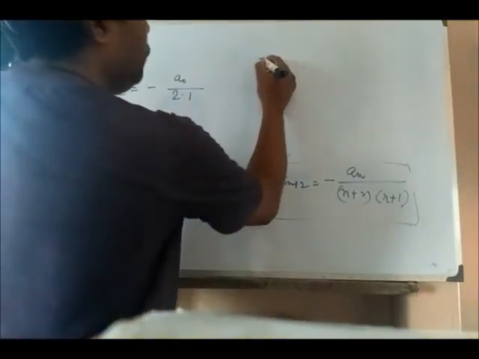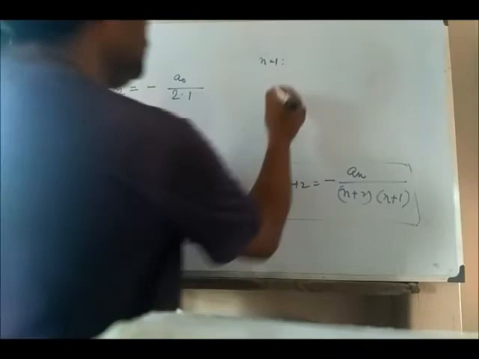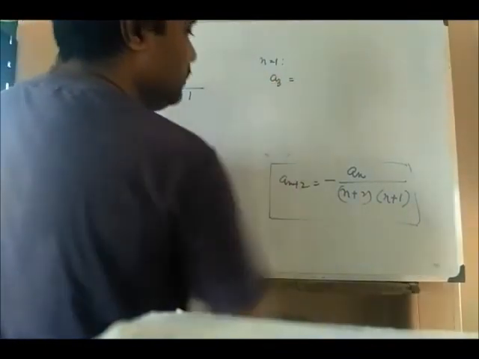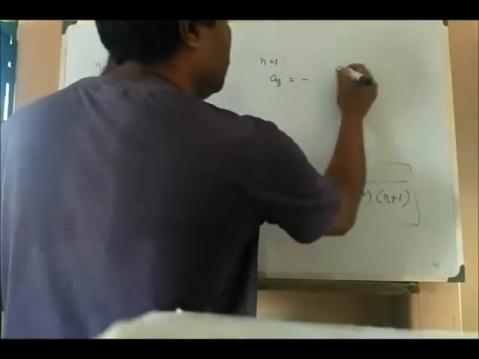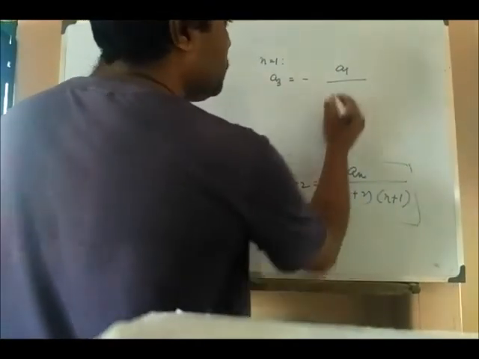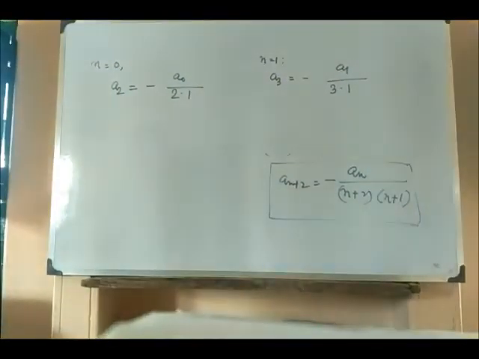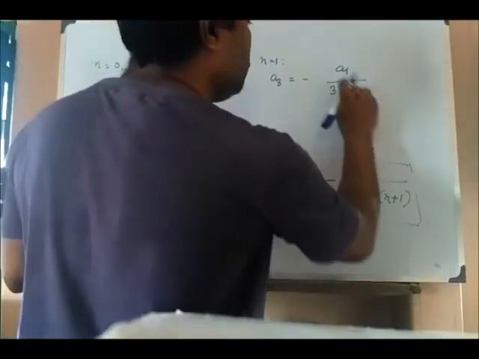If you put n equal to 1, you get a_3, which will be minus a_1 divided by 3 into 2.